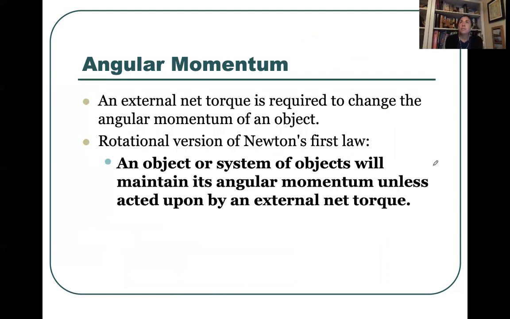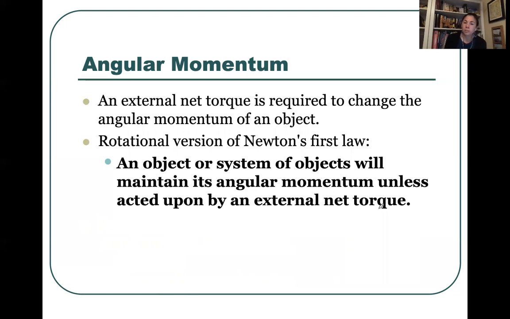If we again go back to how we used linear momentum before, we can now say that we need an external torque, so a net torque, to be able to change the angular momentum of an object. That means that a given object is going to maintain its angular momentum unless acted upon by an external net torque.